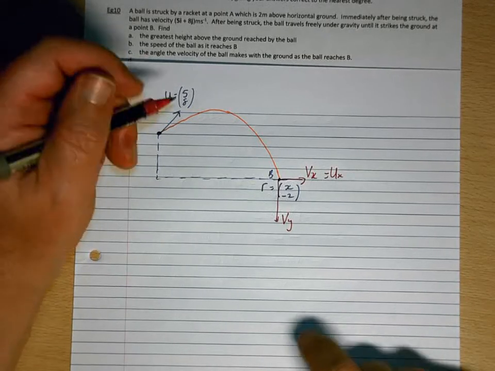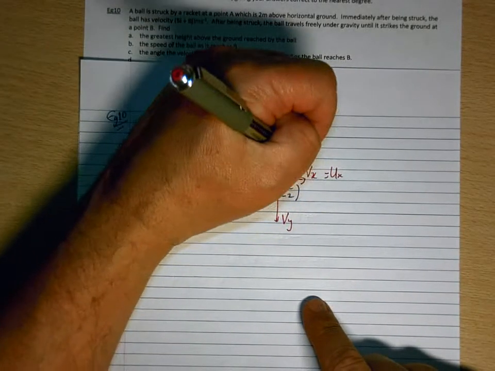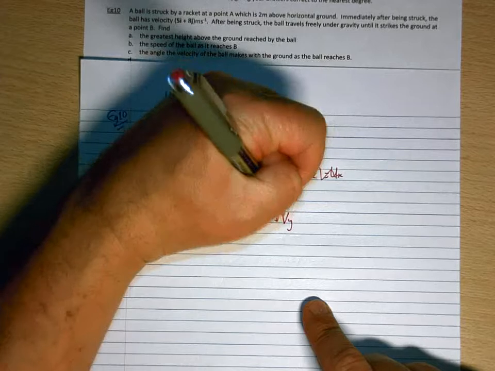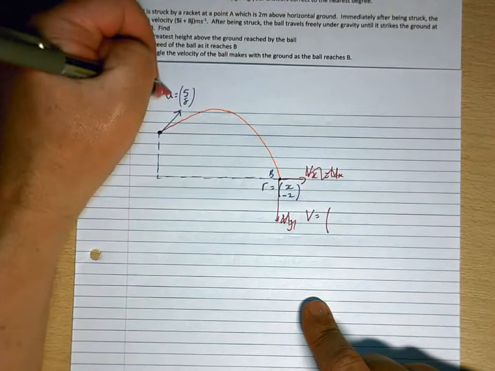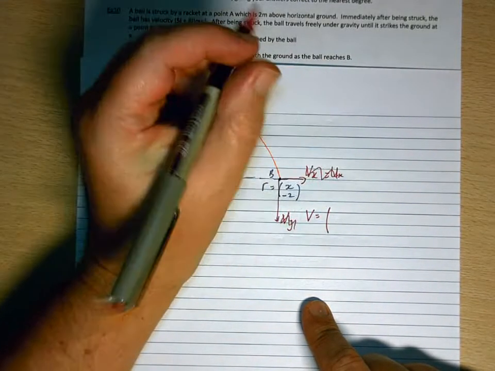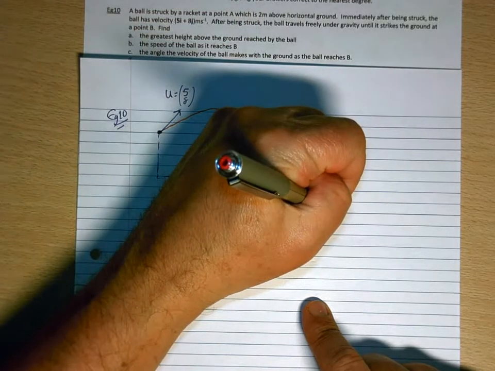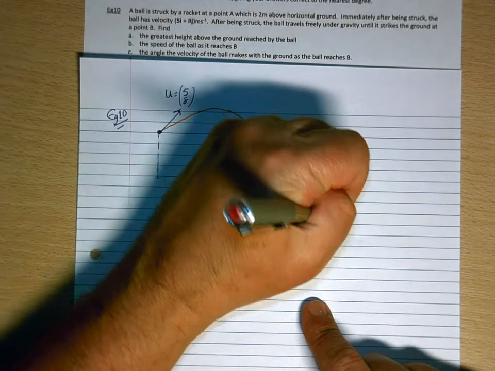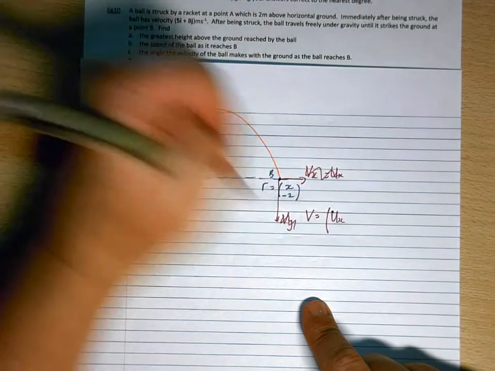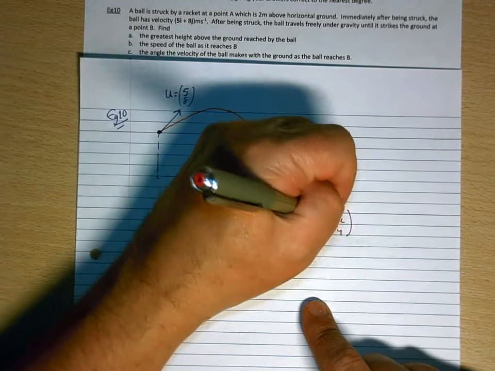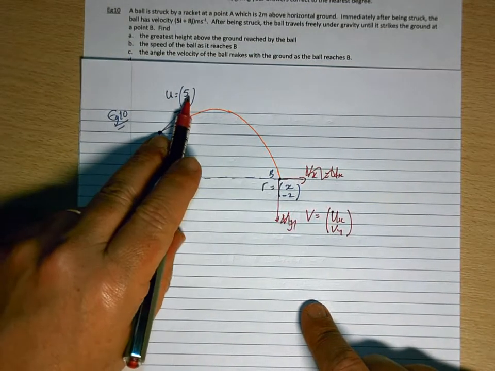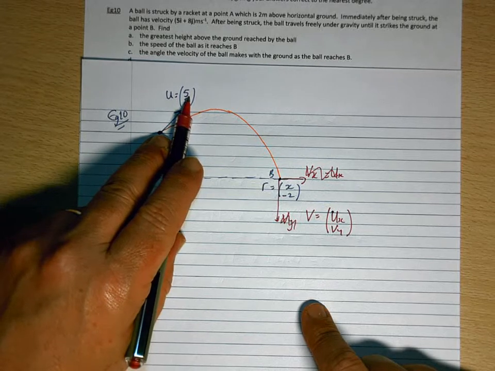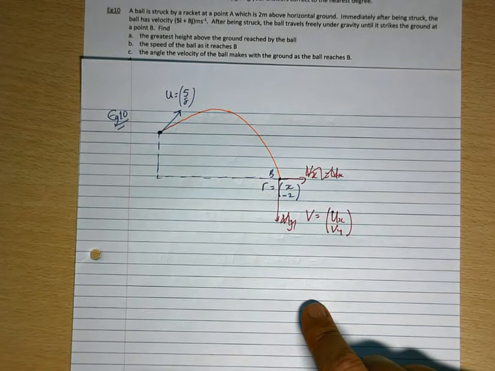But I'm not doing this in terms of Vx and Ux, I'm doing this in terms of v in vector form. So v is going to be the horizontal component of u, and the Vy bit we don't know, because remember, the horizontal part of the speed doesn't change because it's not affected by gravity.